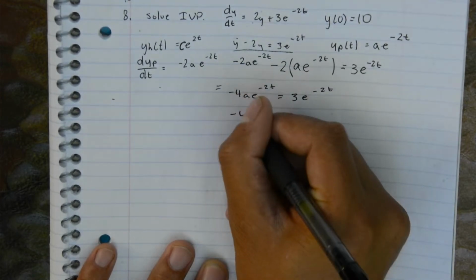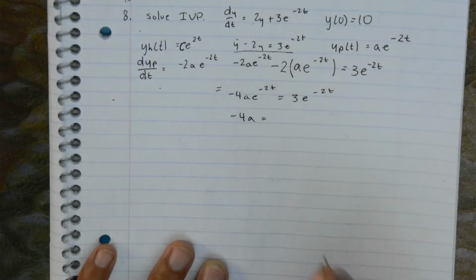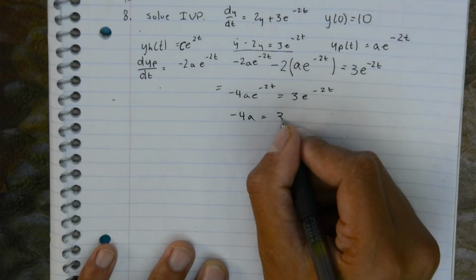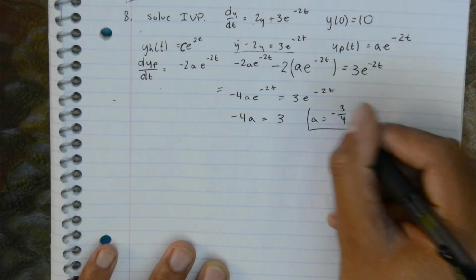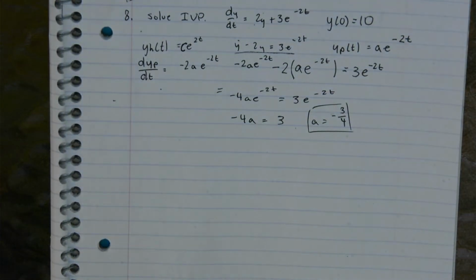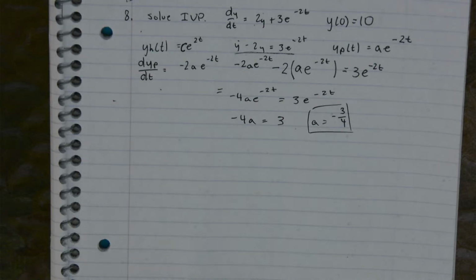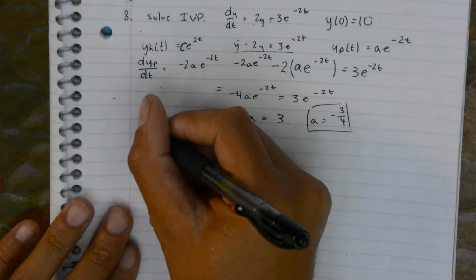That means that minus 4a is equal to 3. So then a is equal to minus 3/4. Okay. So the next step is plugging that back in, and we're going to get y of t.